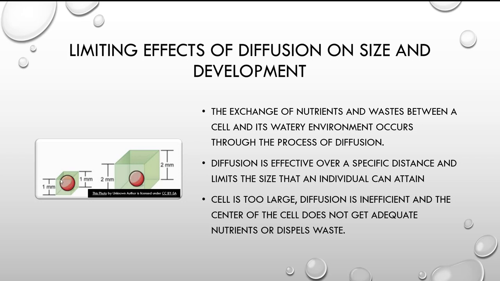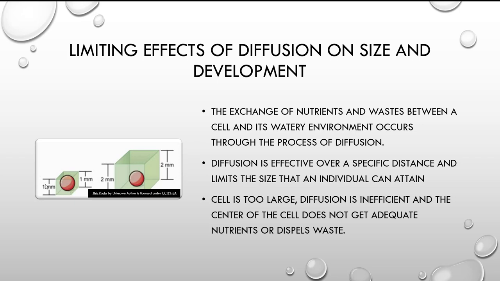Imagine you have a 1 millimeter sized cell versus a 2 millimeter sized cell. With the 2 millimeter sized cell, there's extra area, and you're going to have to get the nutrients down deep into the center of the cell. So it's going to have to go through a lot further distance to get all the way into the cell to do whatever it needs to do inside.